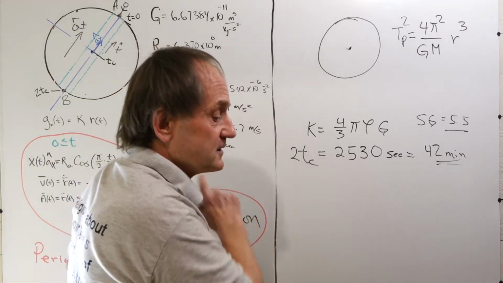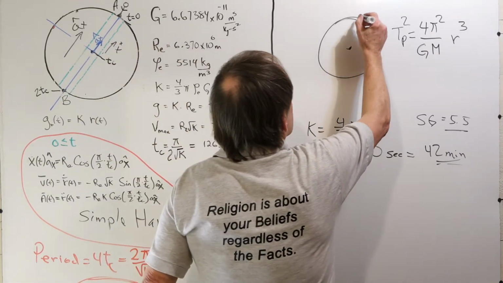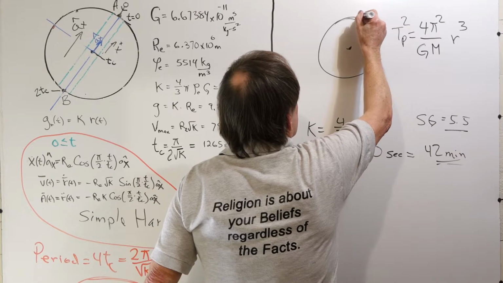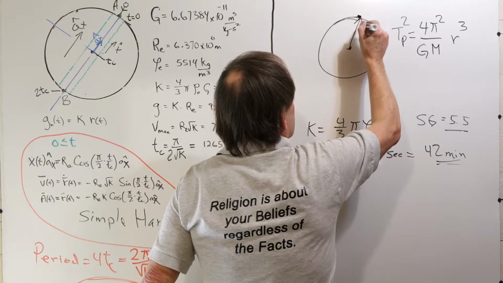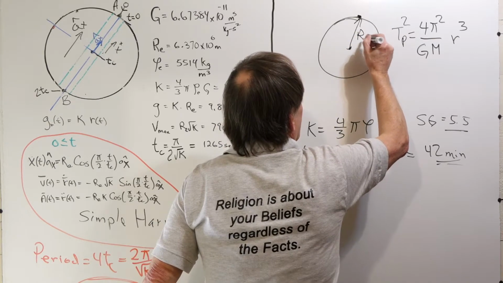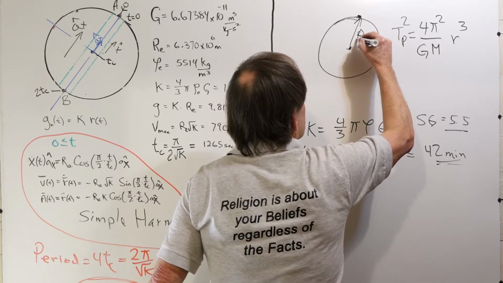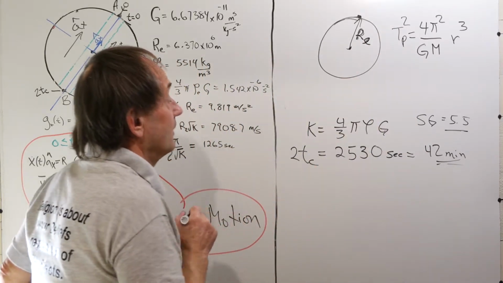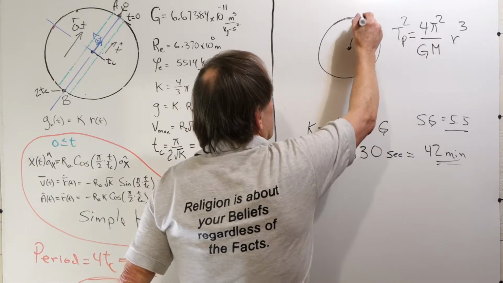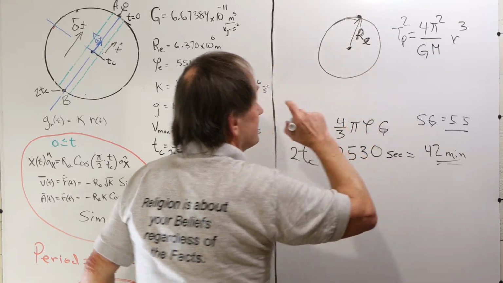Now, let's consider a satellite just orbiting just above the surface, so that its orbital radius is the radius of the Earth from the center to the surface. It's just orbiting above the surface.